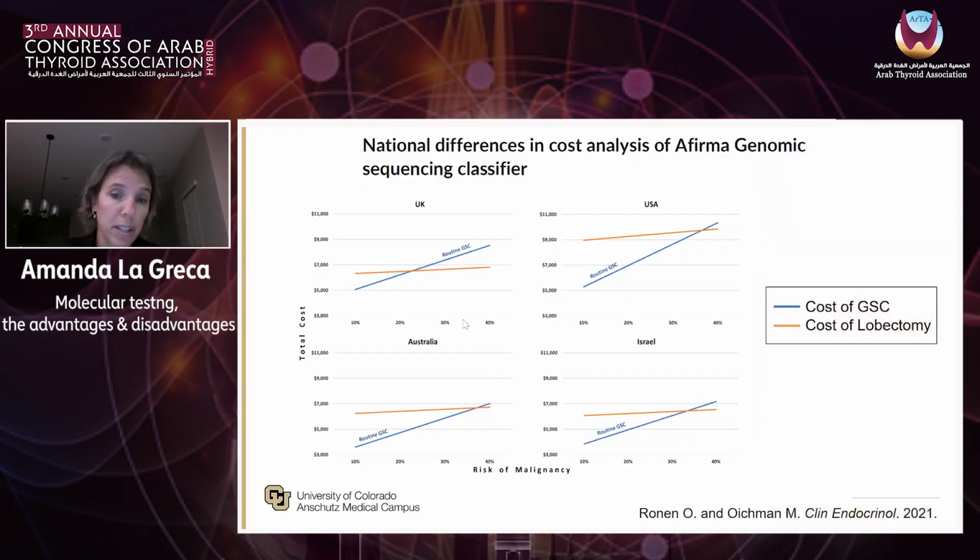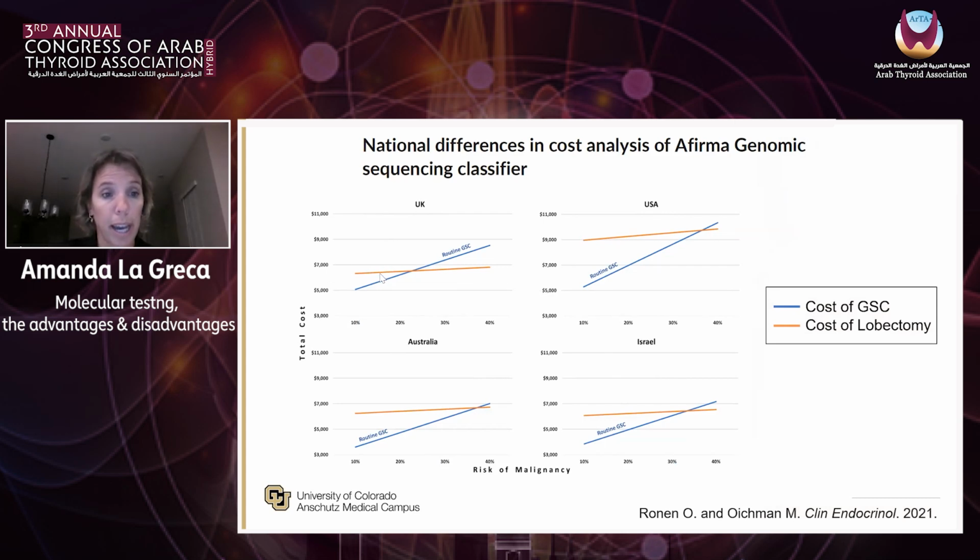This is one of the studies that was done evaluating cost-effectiveness. So cost of GSC versus cost of lobectomy, and you have 4 countries here: UK, USA, Australia, and Israel. The cost of GSC is almost the same for every country. But if you look at the cost of lobectomy, in the USA it's much higher than any other country.